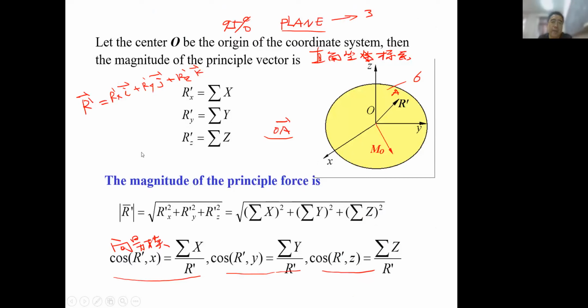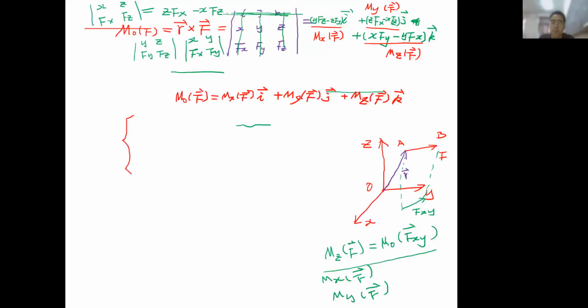So R prime and Mo are also vectors, right? It is a vector, it has three components. We can use some method to find its components. Then its absolute magnitude and direction are very easy to find using the same calculation method, right? So let's continue.